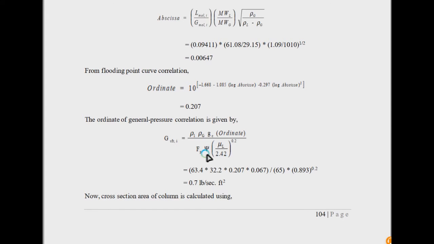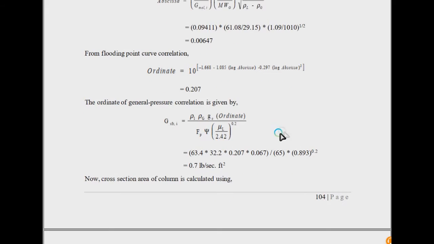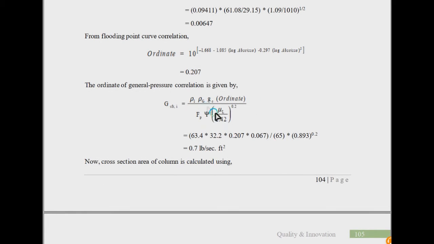This is again a constant, and UL is the viscosity of liquid divided by 2.42 to convert it to lb per hour feet square from Cp, which is centipoise. Using this equation, this constant is 1. For example, GSFR I comes out to be 0.7 lb per second feet square.